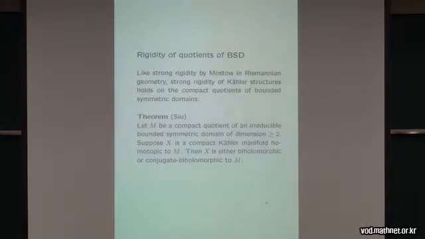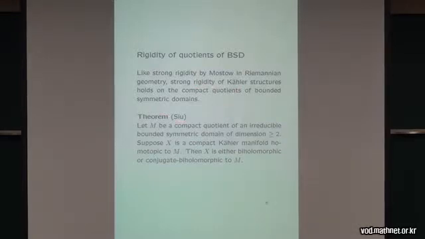Okay, bounded symmetric domain admits compact quotient. So that's a very special property of bounded symmetric domain. Not many domains admit compact quotient, but in this case we have compact quotient. And like the Riemannian case, there is also strong rigidity for the complex structure of compact quotient.